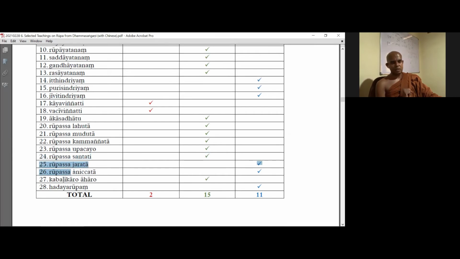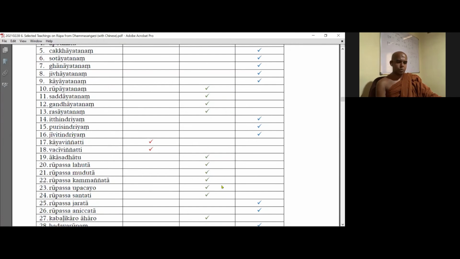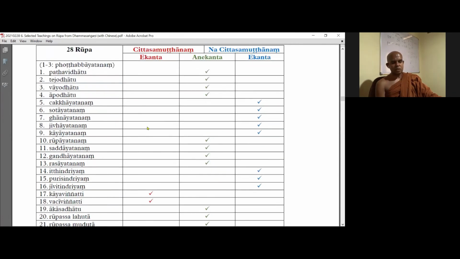But the 15 rupa are included with the mind-born group and also with the not mind-born group. But anyway, what are the 15?